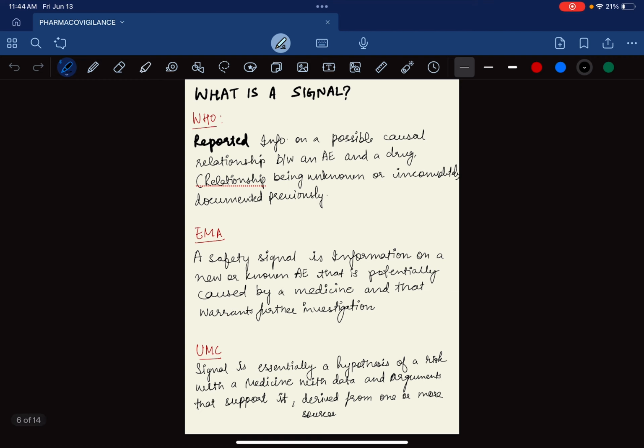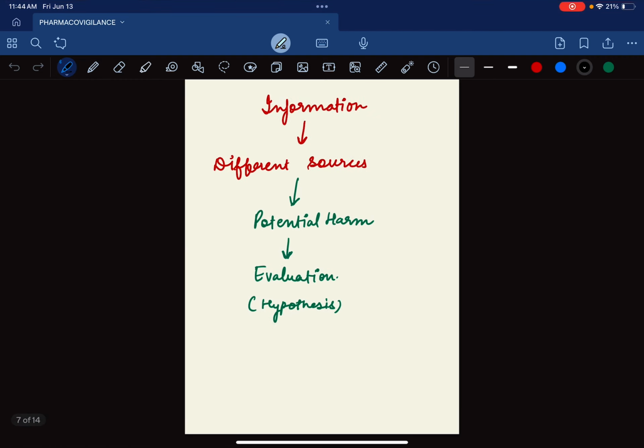All right. So, what is a signal? We have some information from different sources.